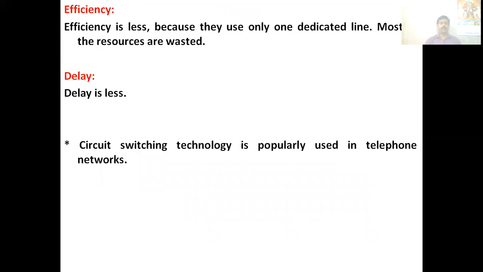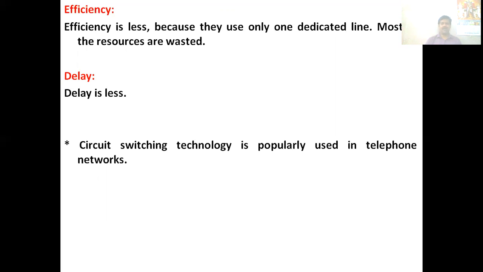Now we are going to see the efficiency of circuit switching. In circuit switching, the efficiency is less. Why? Because we are using a dedicated line, so most of the resources are wasted.